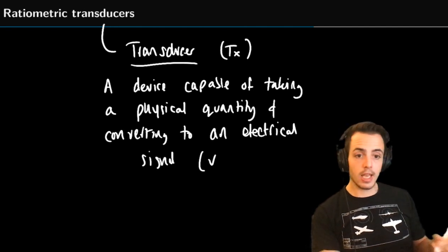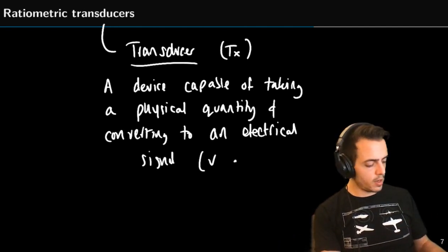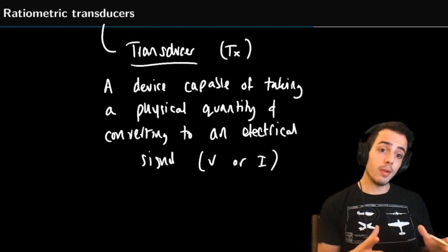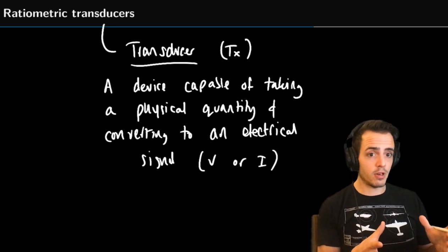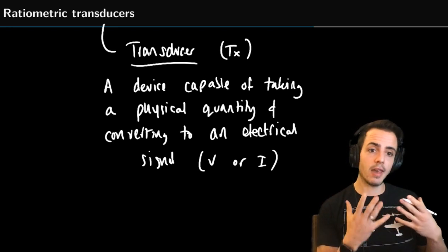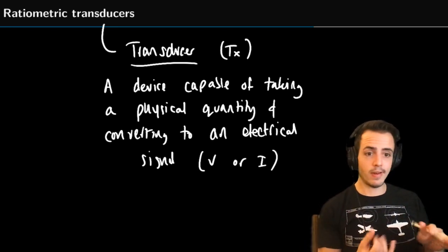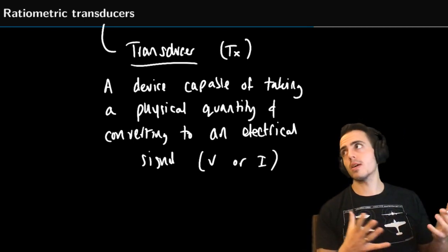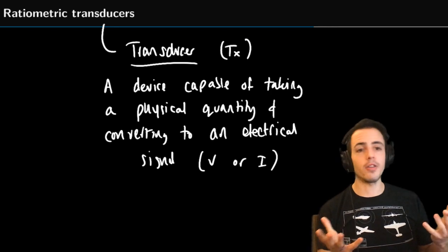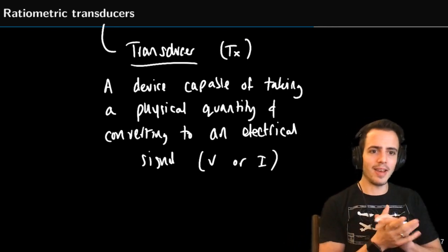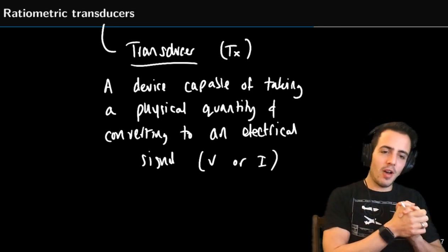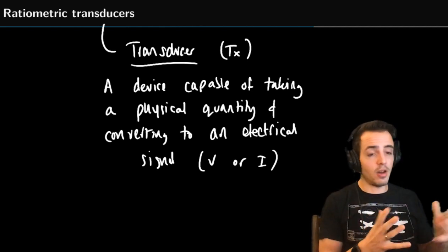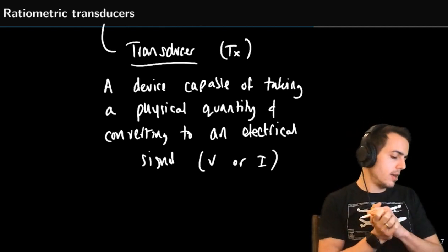So these are usually some sort of voltage, or it could be a current change instead. Ultimately, most of these measurement devices are based around strain gauges. So even if we have a pressure transducer or a force transducer or, I can't think of any other transducers off the top of my head. But if we've got these devices, they're often measuring strain and how that changes, and ultimately how resistance changes.